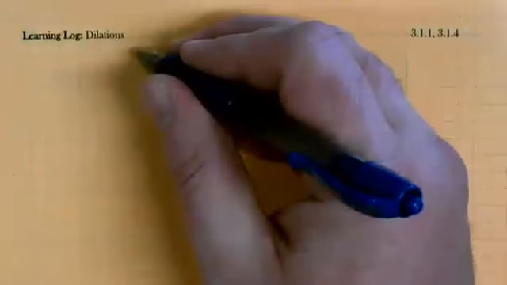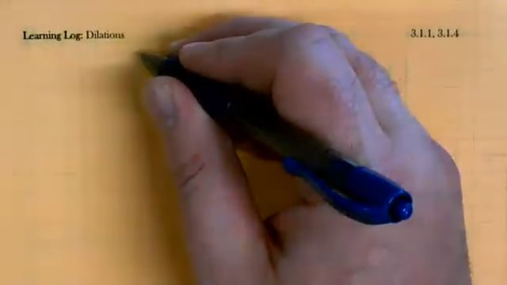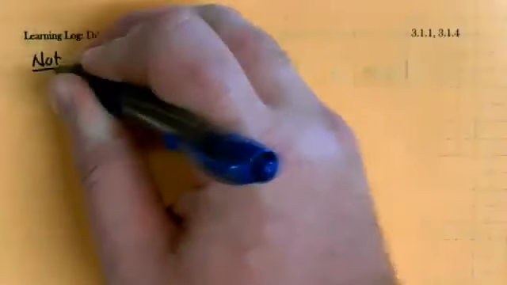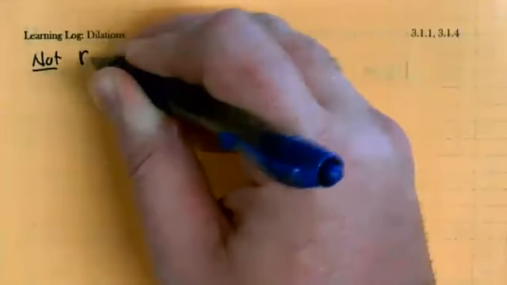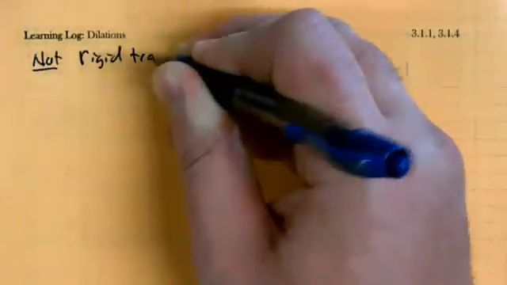What can we put on our notes? Okay, so size changes, shape remains the same. I think that's important. And that means it's not a what? Not a rigid transformation. So I think I would lead off with that. Not a rigid transformation.